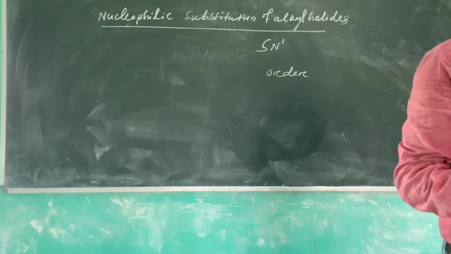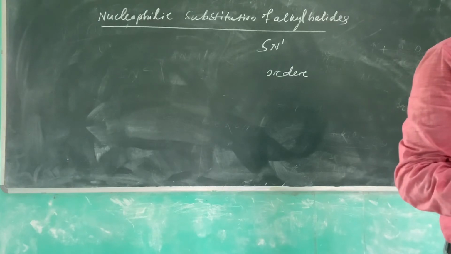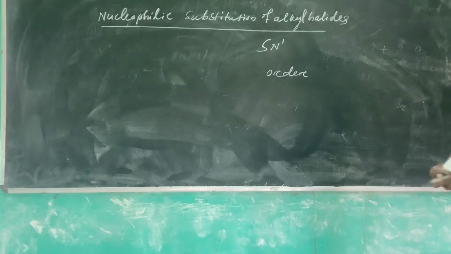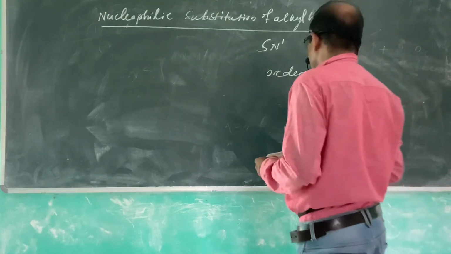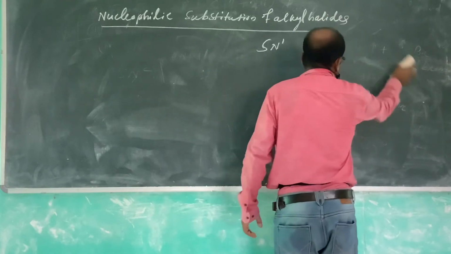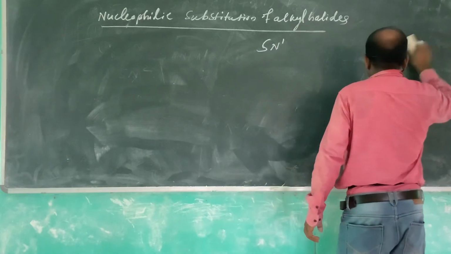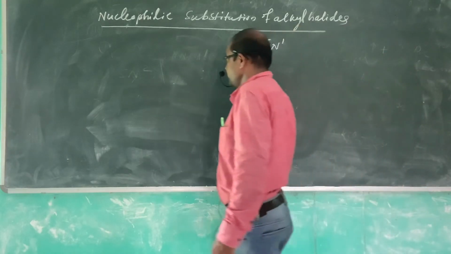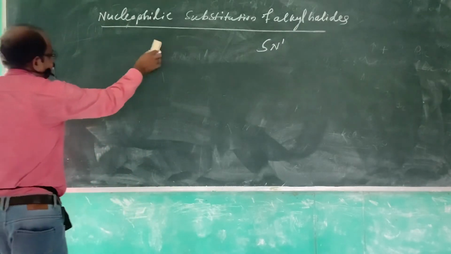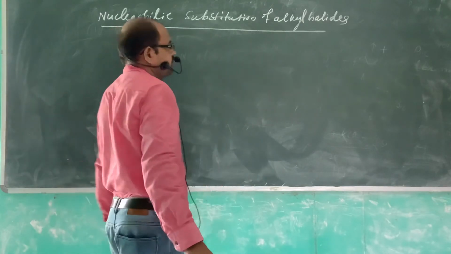That means the slowest step is the rate determining step of the whole chemical reaction. When we determine molecularity, we also consider the slowest step of the reaction according to the concept of order of reaction.